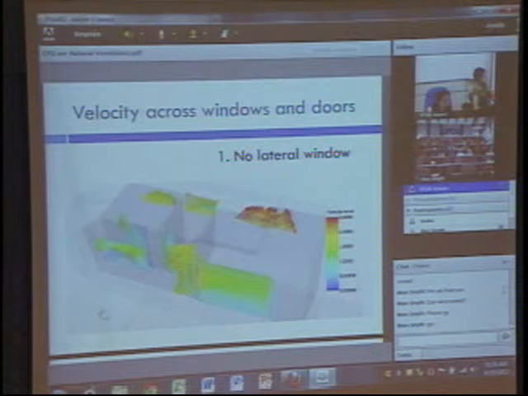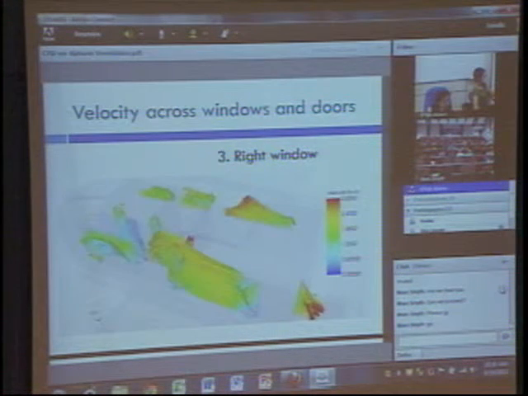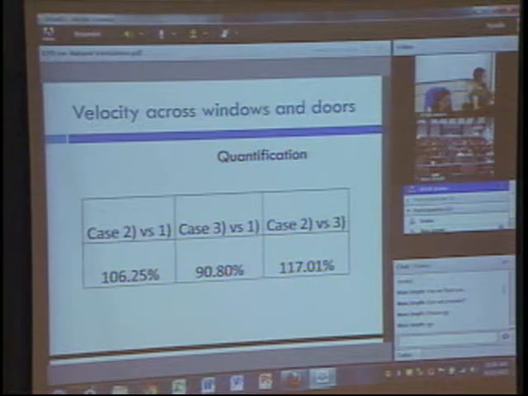We can also consider the flow of air across the open parts of the facades. With no lateral window, again with left window, and with right one. This will help us to quantification.